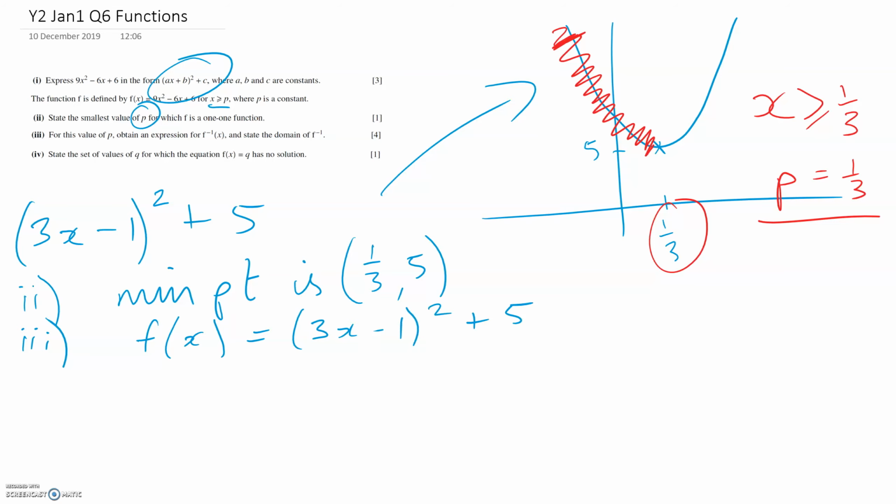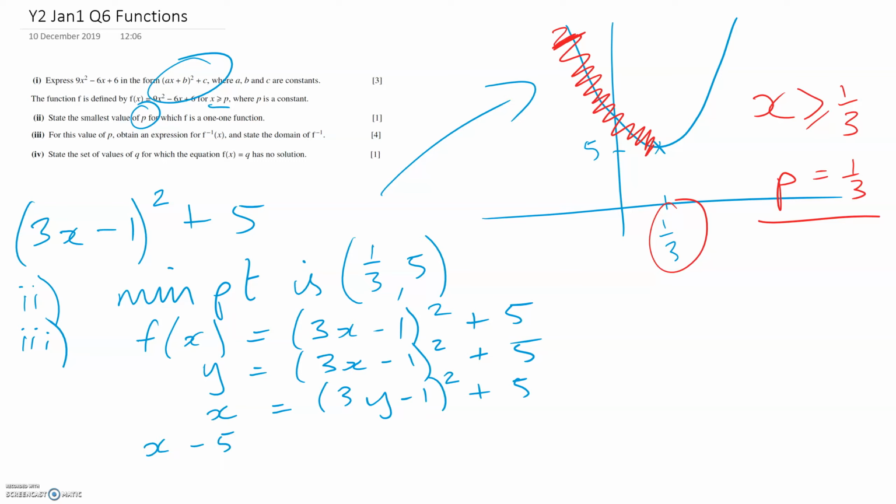To find the inverse, I would call this y, and then I like to swap the x's and the y's round, and rearrange it to get y on its own. This would be x minus 5 equals (3y minus 1) all squared.